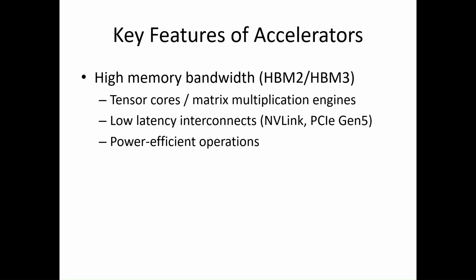They have specialized tensor units for matrix operations, low latency interconnect, and energy efficient design, making it easy to process heavy operations. So the key feature of accelerators is to move data efficiently and compute quickly, which is the bottleneck in training.